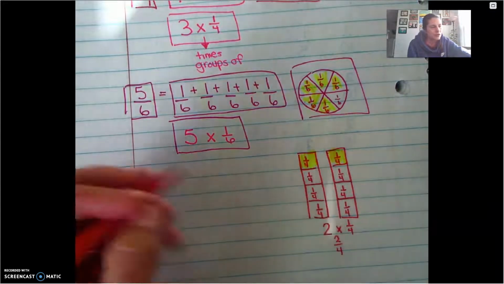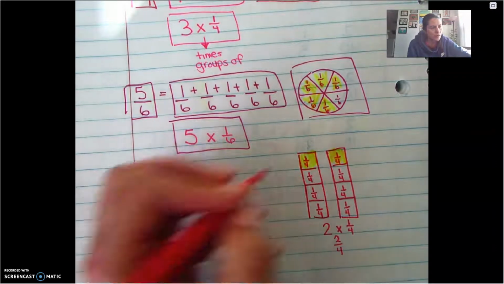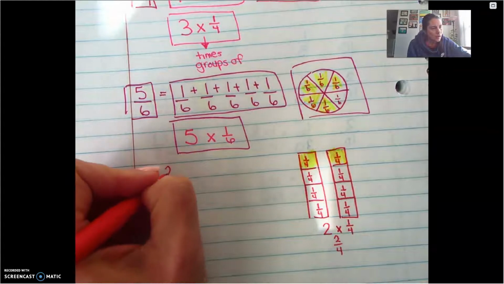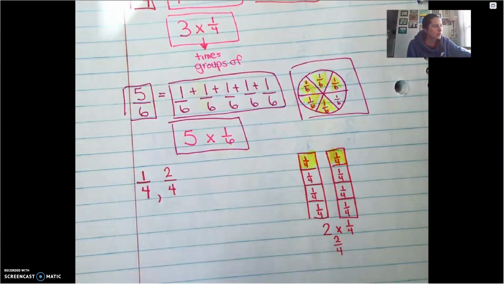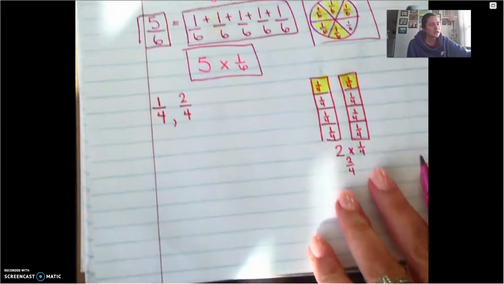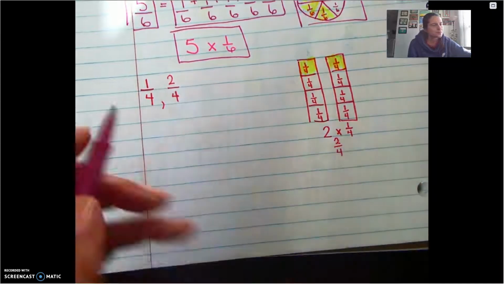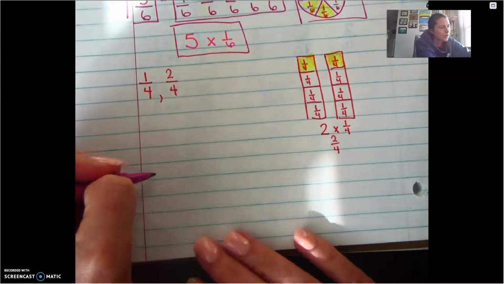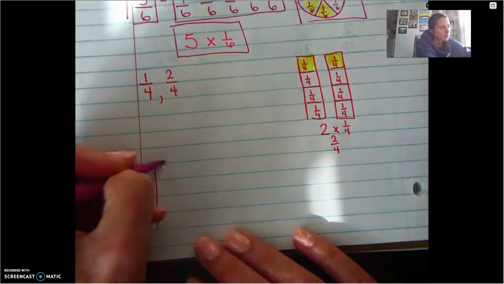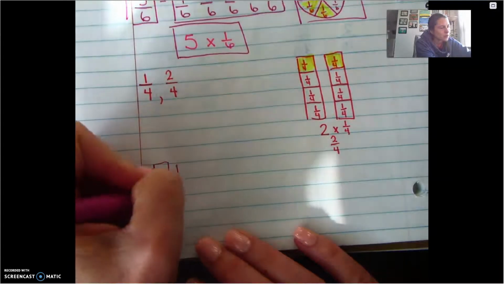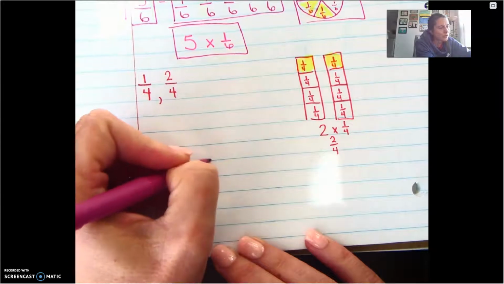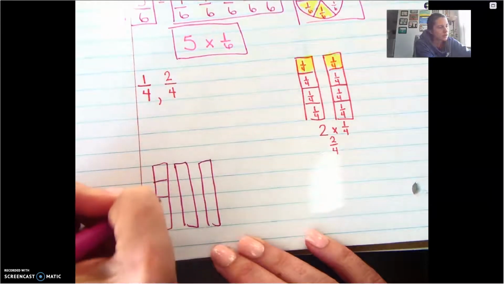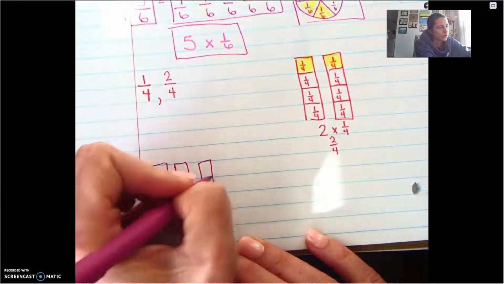So now we have two groups of 1/4. So my next one, we have 1/4. Now we have 2/4. 2 times 1/4. All right. Let me see if I can get my next picture right here. So now we had our two groups of 1/4. Now we're going to have three groups of 1/4.